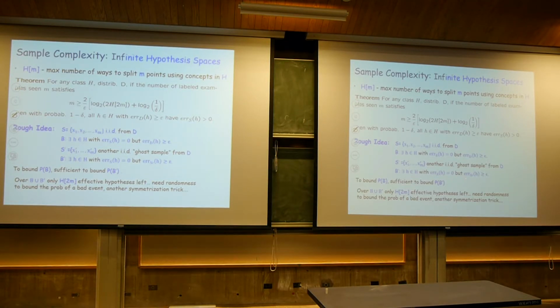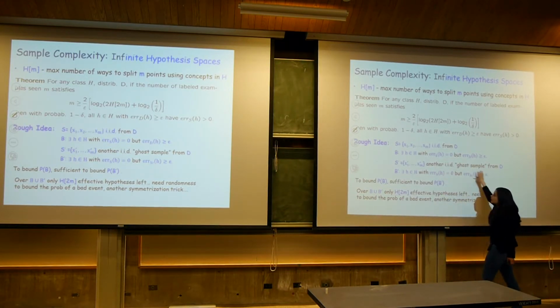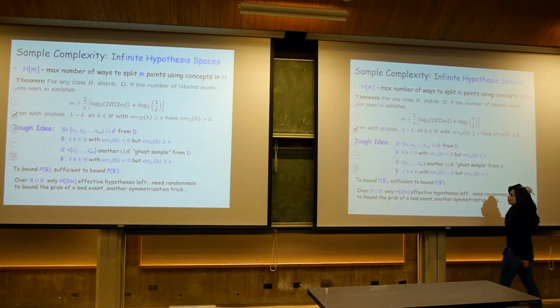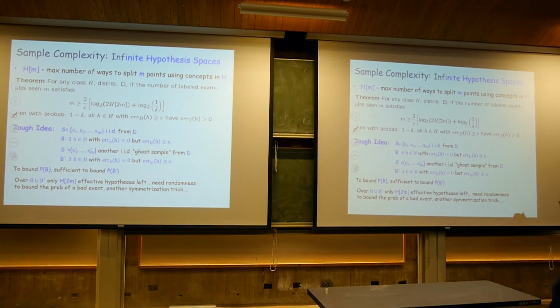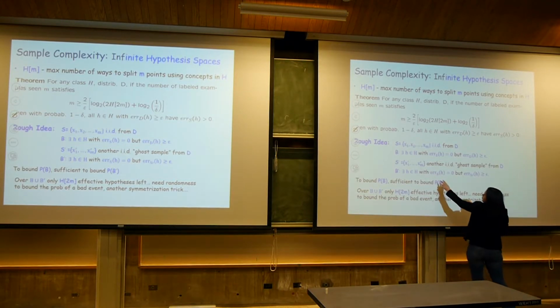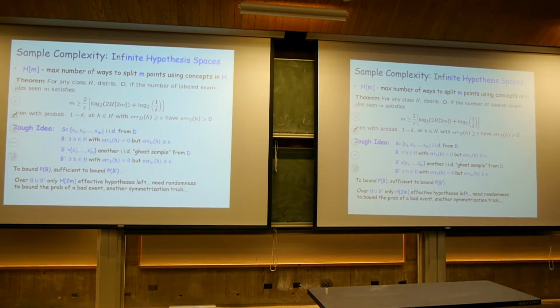Because here I'm talking about empirical errors in both cases, so I can think about the empirical error over the union of these sets. Conceptually speaking, once I fix these two sets of training samples S and S prime, there are really only a finite number of hypotheses that I care about.